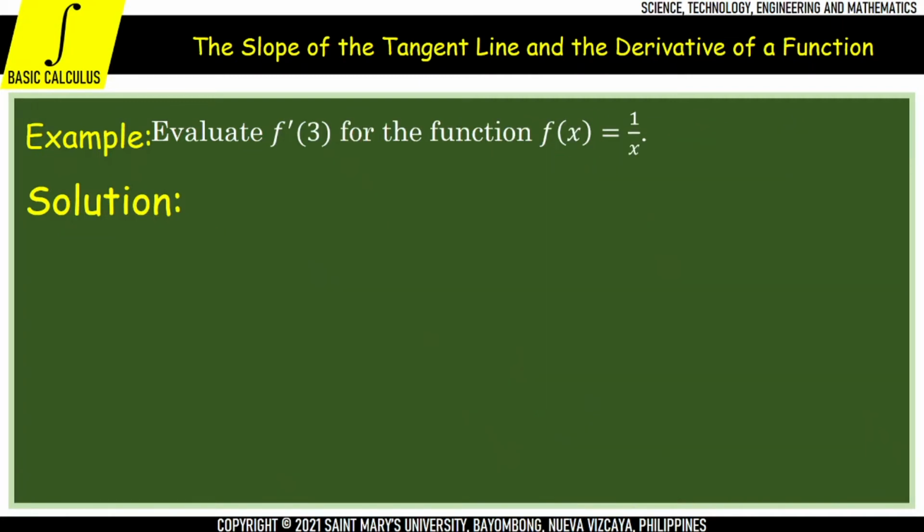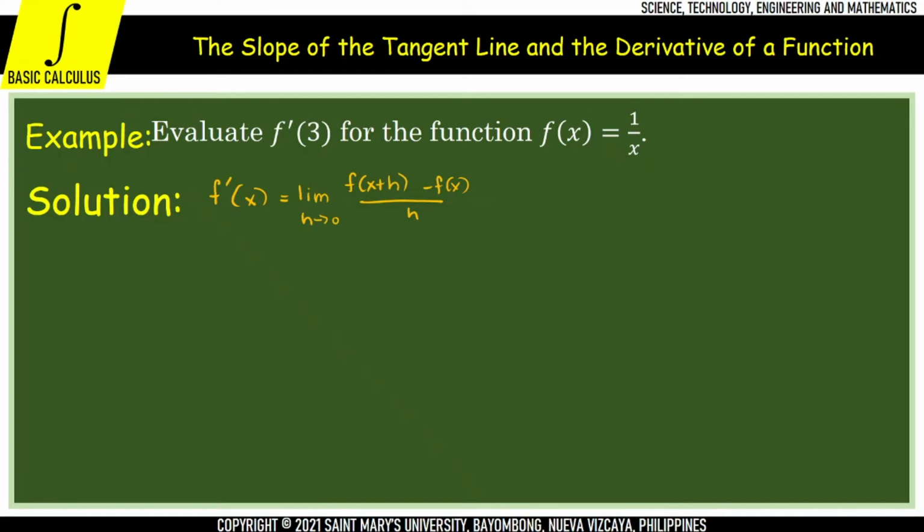Okay, another example. Evaluate f prime of 3 for the function f of x is equal to 1 all over x. Okay, just the same, we first identify f prime of x, which is the limit of f of x plus h minus f of x all over h as h approaches 0.